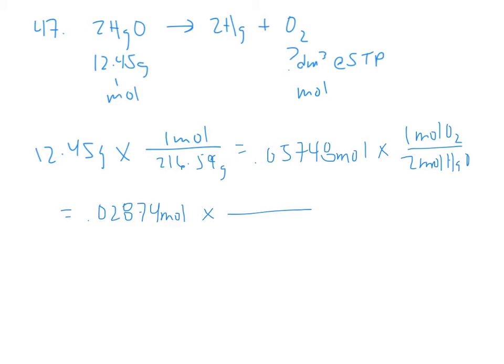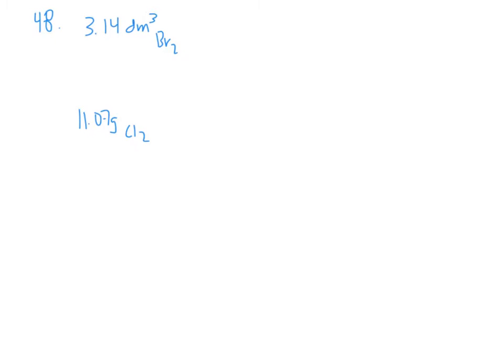And now it really doesn't matter if it's oxygen or any other gas, because at STP, I can expect it to occupy 22.7 decimeters cubed per mole. So I can expect 0.6524, how many sig figs do I have here? 0.6524 liters of O2.